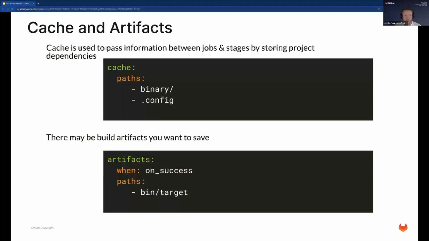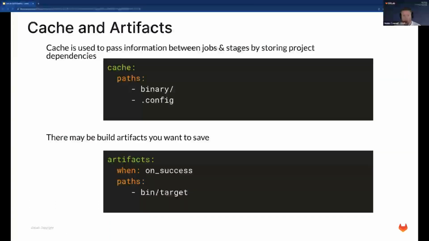In GitLab CI/CD pipelines, both cache and artifacts are features used to optimize and manage the storage of files and dependencies between pipeline runs. However, they serve different purposes and are used in different scenarios. The primary purpose of caching is to speed up pipeline execution by reusing previously downloaded or generated files or dependencies. You typically use caching for dependencies that do not change frequently between pipeline runs, such as packages, libraries, or build artifacts.